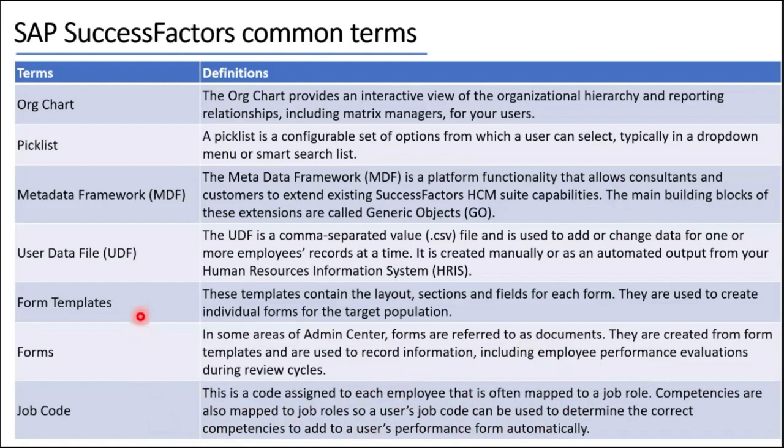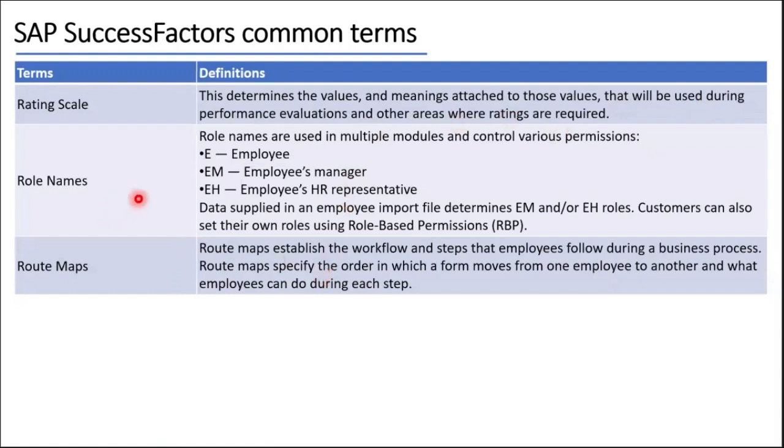But in Employee Central, mostly we will get the above terms like org structure, org chart, picklist, metadata framework, and the previous ones we have seen in the previous slide. So don't worry about form templates, forms, and job code because they are part of the performance module. Rating scale, role names, and route maps are also part of common terms in the SAP SuccessFactors performance domain.